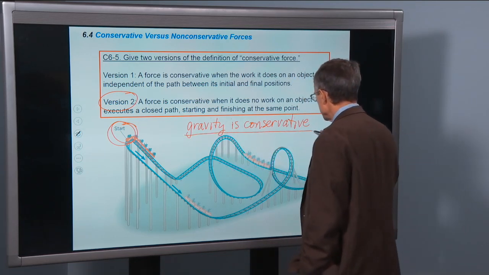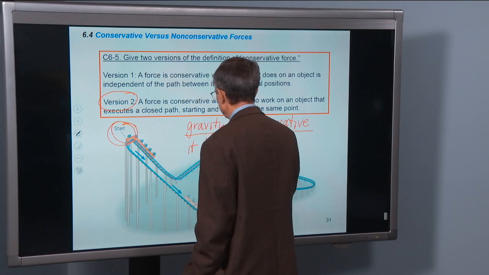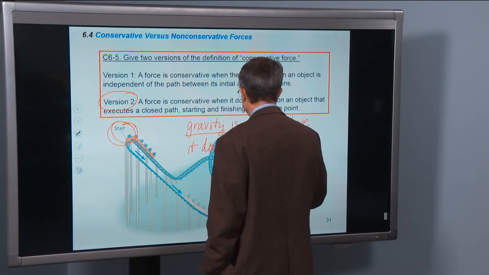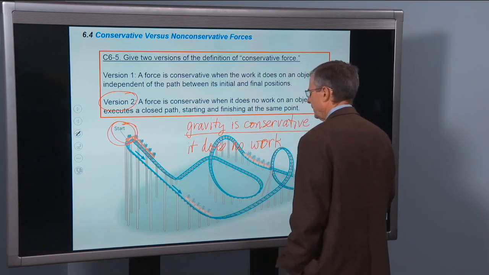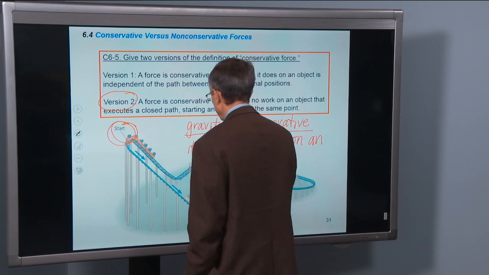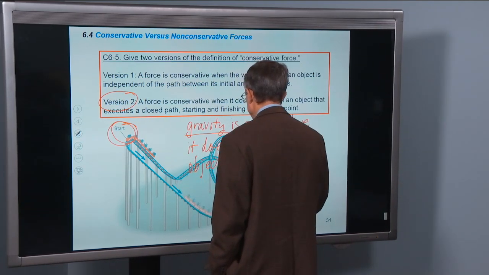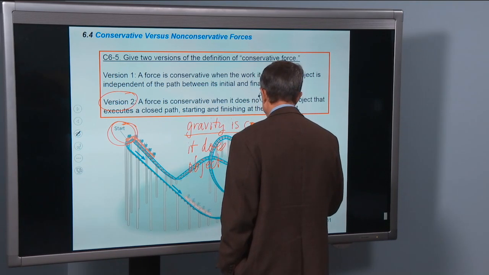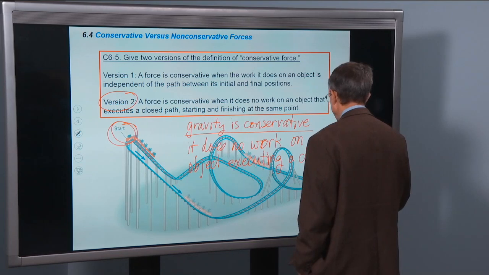Gravity is conservative. It does no work on an object that executes a closed path.